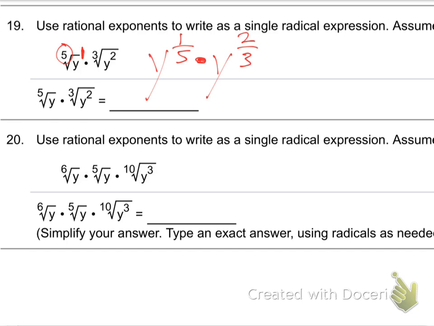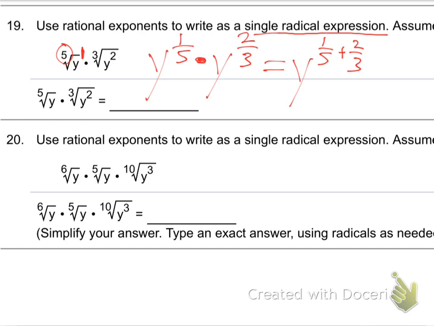Now, what they want me to do is make it a single radical expression. Remember the rule? There's so many rules, I know. Same bases multiplied, side by side. How about if I say it that way? Side by side, what do those powers do? Add, yeah. So that's 1/5 plus 2/3, isn't it?